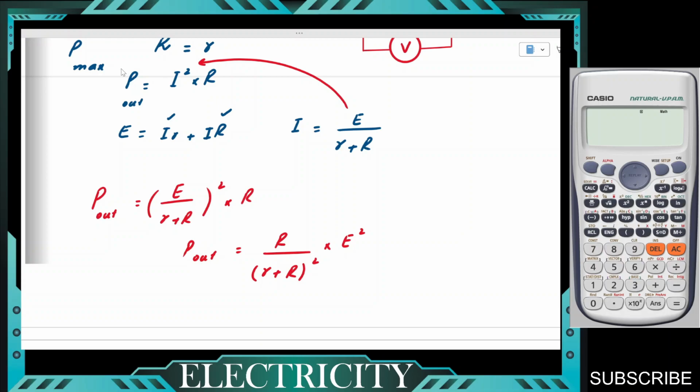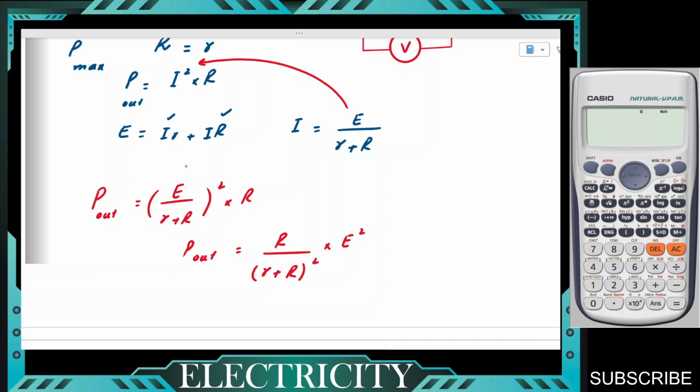Once again, I might have skipped a step: you could just square both numerator and denominator. In the numerator we get E squared, which I've written on the right side, the denominator is written as it is, and R was written on the left side.